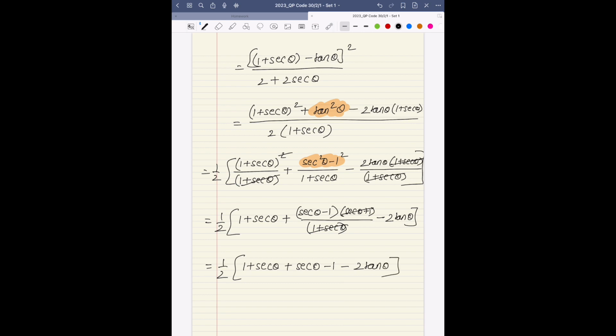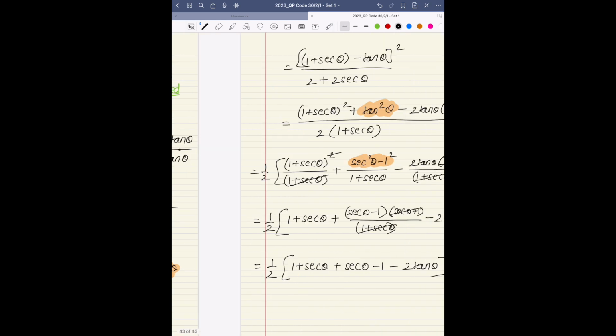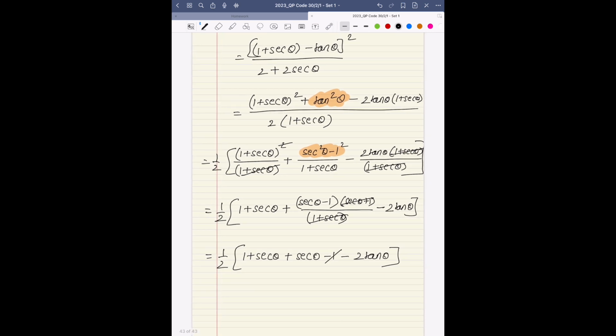We are slowly approaching the answer, and if you see, it's taking 2 pages, but it's worth it. 1 gets cancelled. Sec theta plus sec theta becomes 1 by 2 bracket, 2 sec theta minus 2 tan theta. I hope you can see the result now. Take 2 common, you get sec theta minus tan theta. 2 cancels.